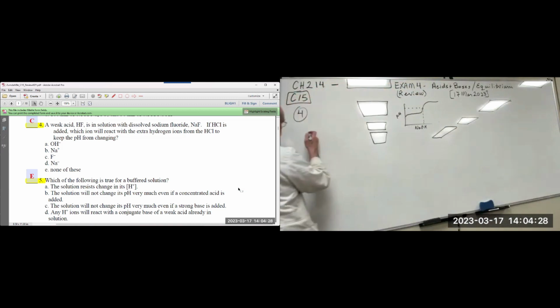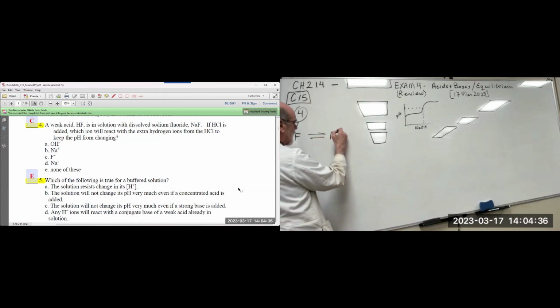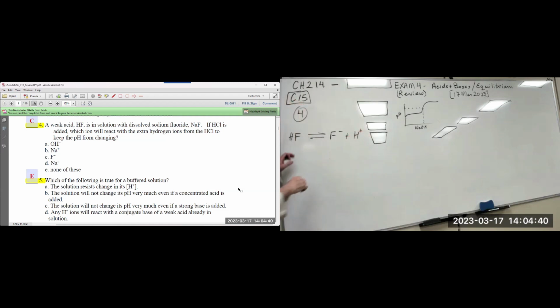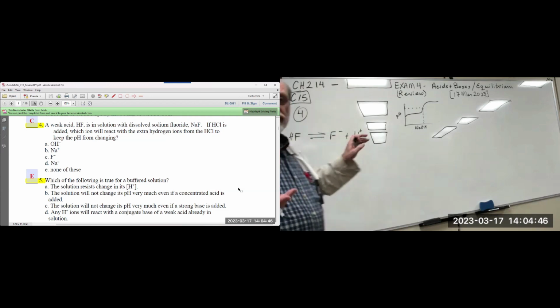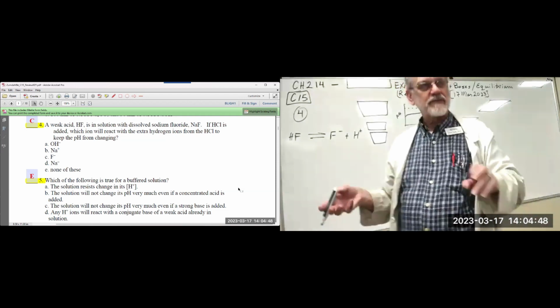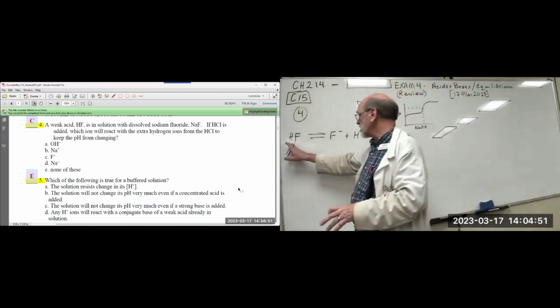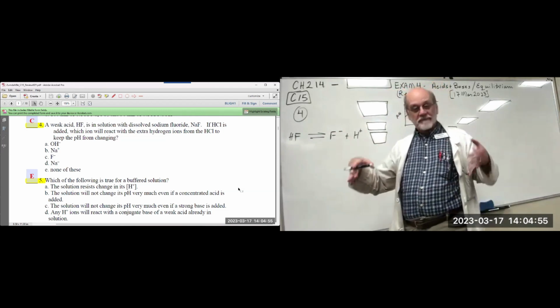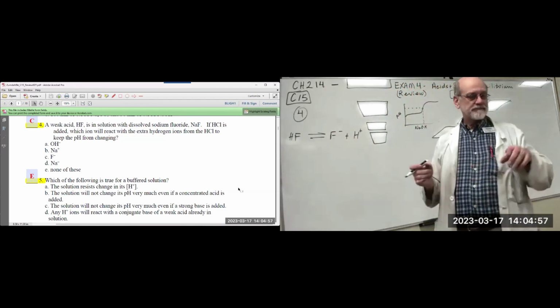All right, so we've got a situation here where we've got HF supplied at one concentration and fluoride supplied at the other concentration. We supply hydrofluoric acid and fluoride from sodium fluoride. Those are in solution together. We have some of this and some of that. That's the scenario. Now, that's our buffer.